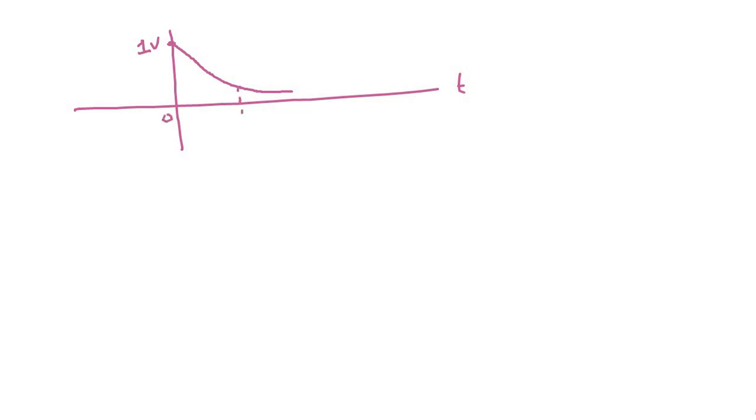At some time point, the output becomes 36.78% of the maximum, that is 0.368. ஏதோ ஒரு டைம்ல அதனுடைய ஆம்ப்ளிட்யூட் 0.368 மடங்கா குறைஞ்சிரும். மேக்ஸிமம் 10 இருந்ததுன்னா 3.68 வோல்ட்டா குறைஞ்சிரும். மேக்ஸிமம் 1 இருந்ததுன்னா 0.368 வோல்ட்டா குறைஞ்சிரும். அதுக்கு எவ்வளவு நேரம் ஆகுதுன்னு பாருங்க. That is called time constant.